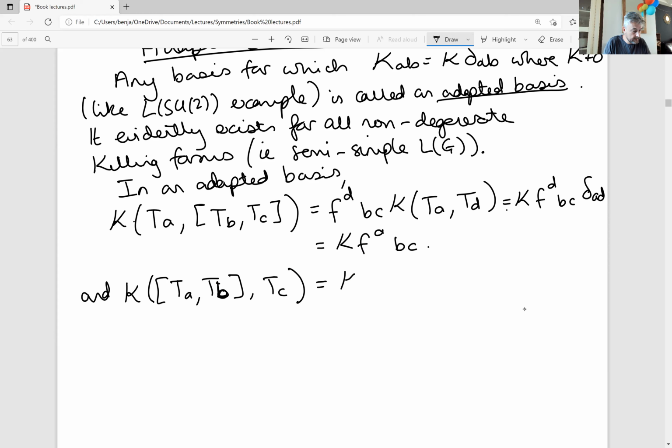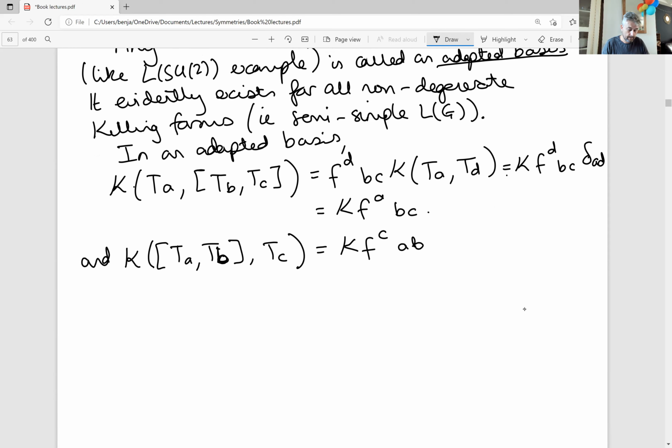Similarly, an absolutely analogous argument gives us kappa F_ACB. Now, the invariance property says that these two left-hand sides are the same, and therefore the right-hand sides are the same. And so when we have an adapted basis, we have the equality of these two structure constants.